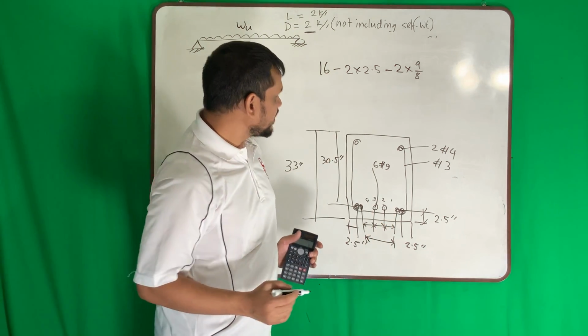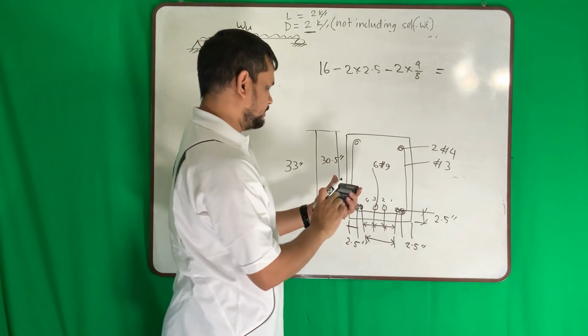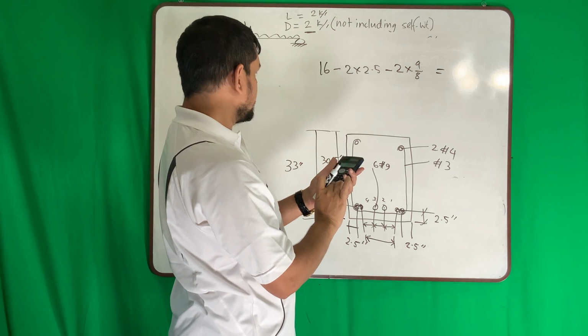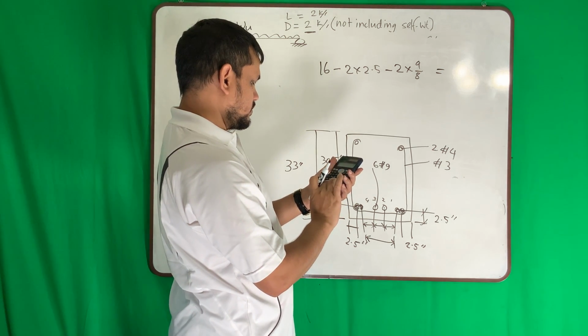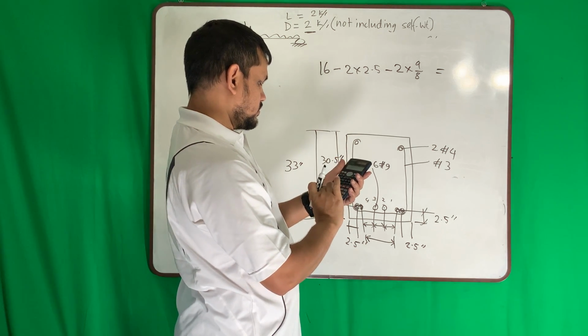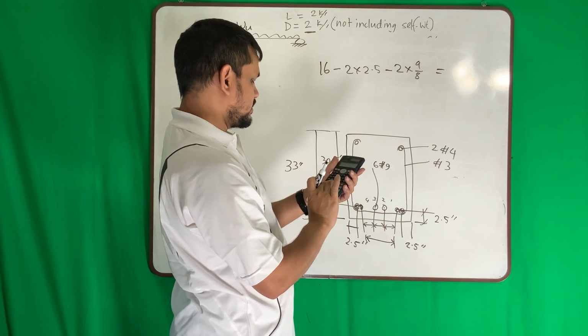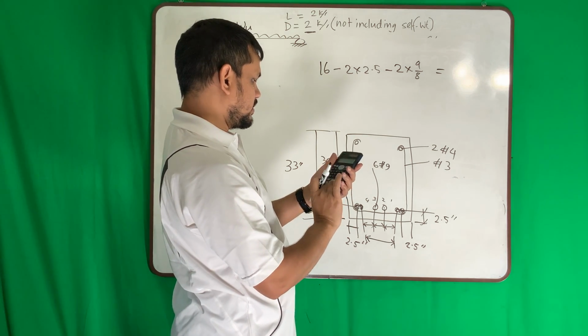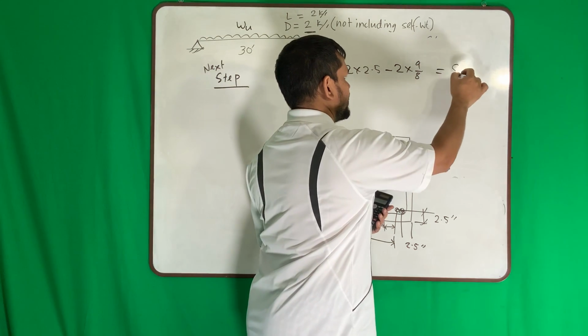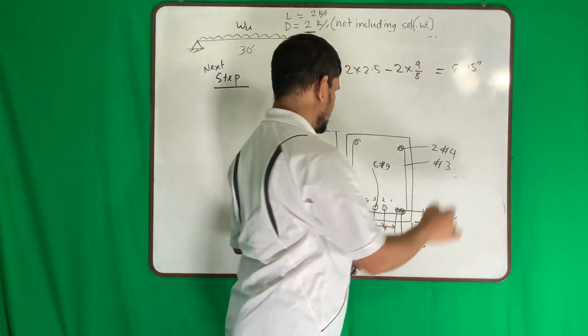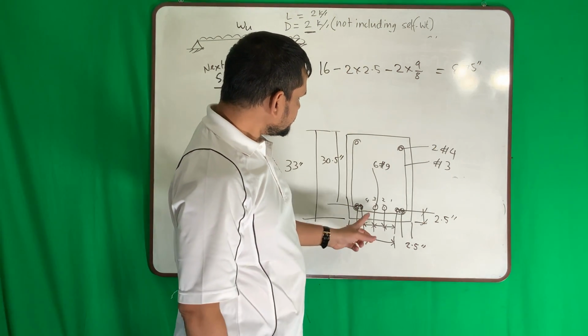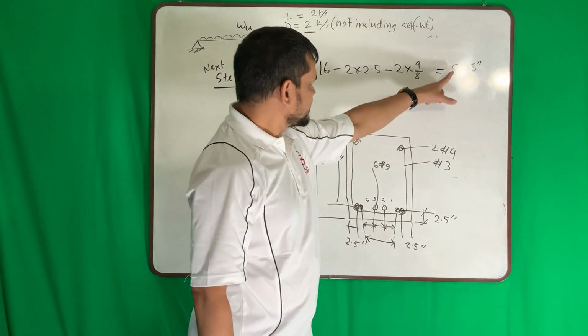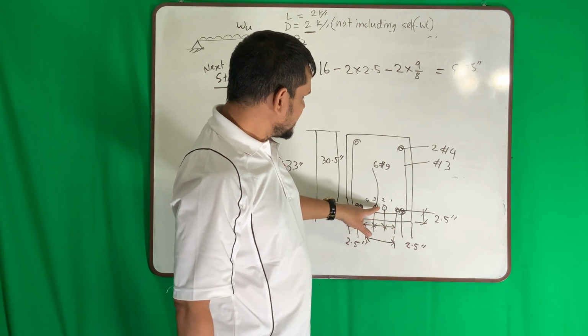How much space do I have? 16 minus 2, 2.5 minus 2, 9/8. I have 8.75 inch here. Inside the 8.75, I will place 2 bar.